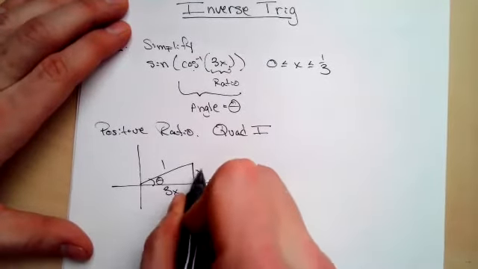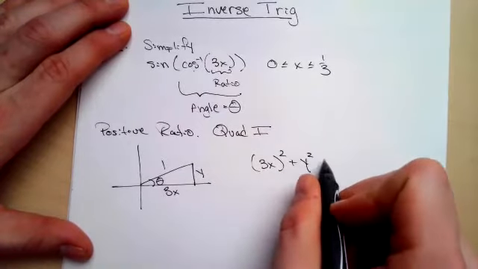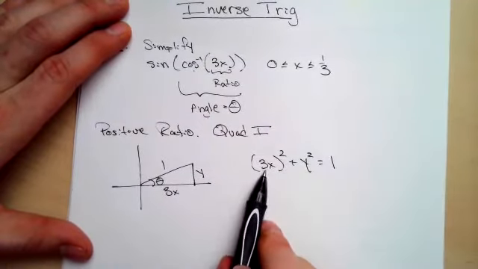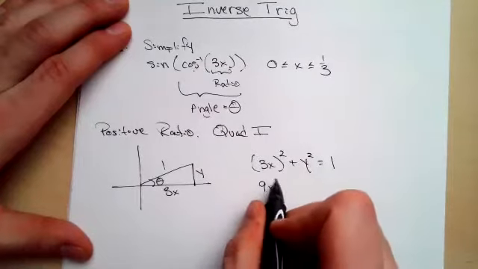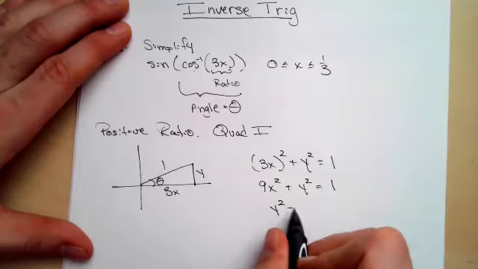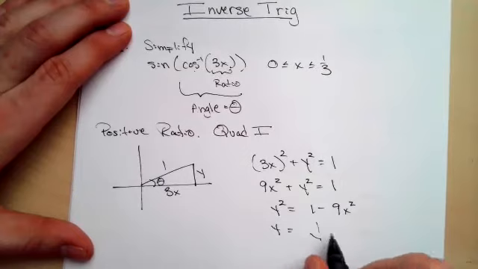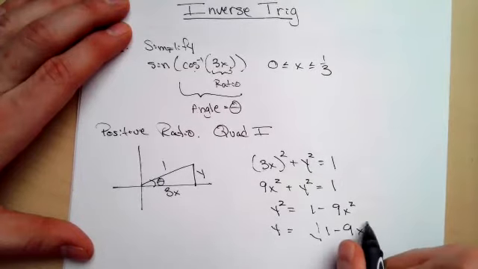We find the third side by the Pythagorean theorem. Remember to square both of those terms. So that's going to be 9x squared plus y squared equals 1. y squared is 1 minus 9x squared.